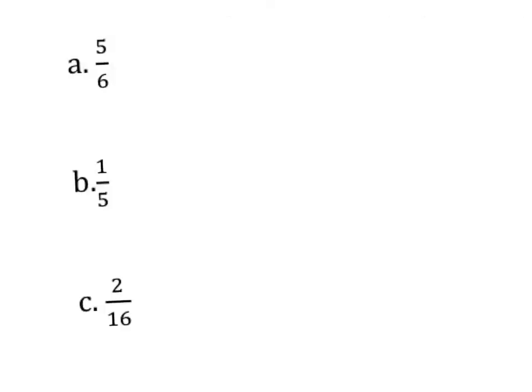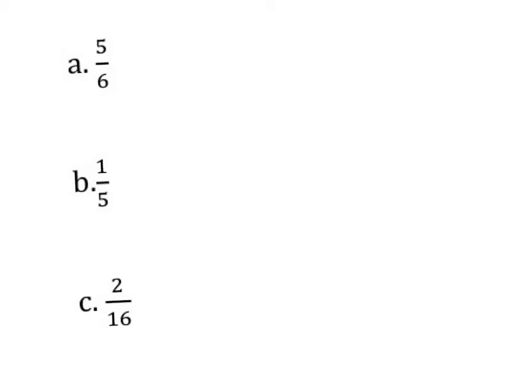Now we are looking at how I can change a fraction to a percent. And I'm actually going to start with B on this problem. So we have 1/5. There are different ways that you can change a fraction to a percent.